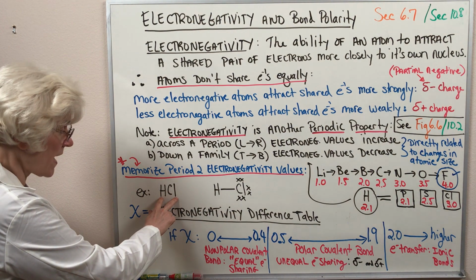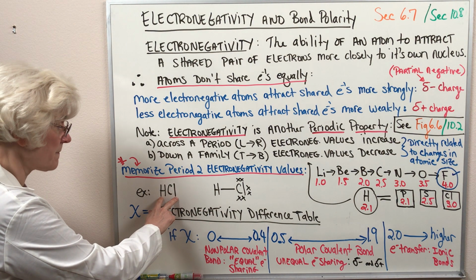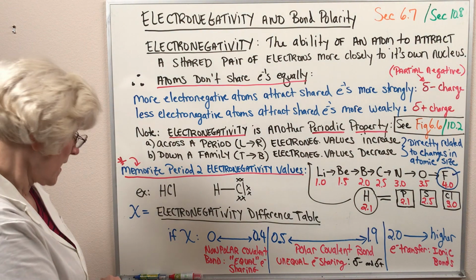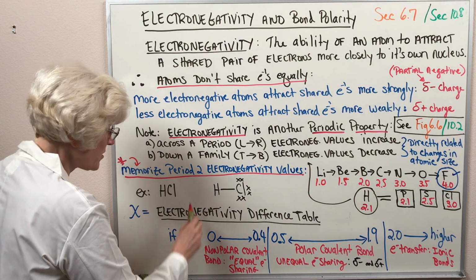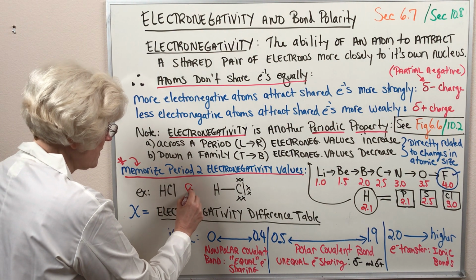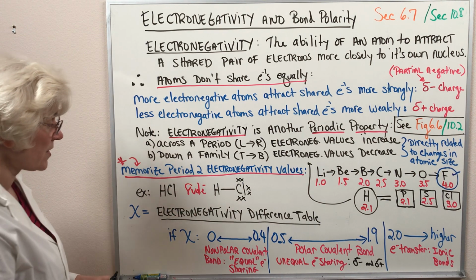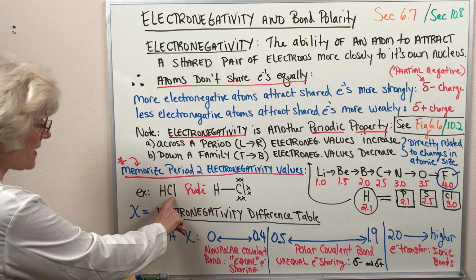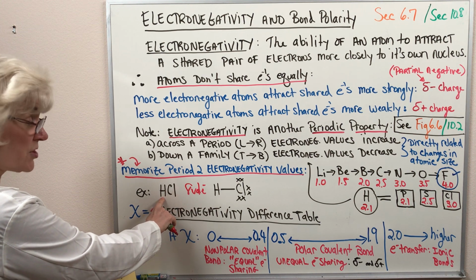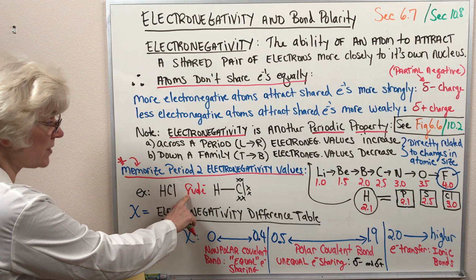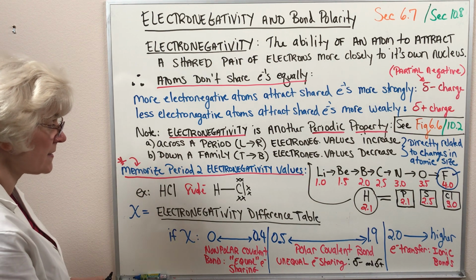So the molecule that I'm using here as an illustration is HCl. And if we draw the Lewis dot structure of HCl, it's a very easy molecule to draw the dot structure with. Chlorine has 7 valence electrons, hydrogen has 1, for a total of 8 valence electrons.